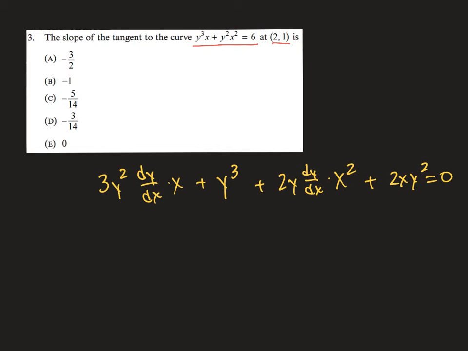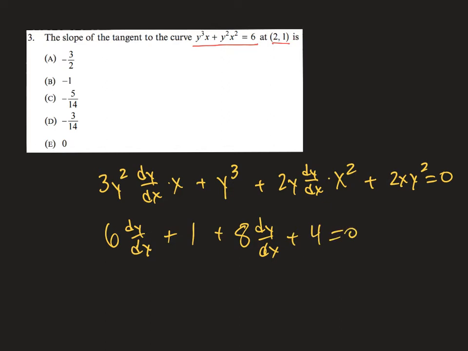Okay, so 3 times y squared would be 3, times 2, so that's 6. This first thing here is 6 dy dx, plus y cubed, which would be 1, plus 2 times y times x squared, so that's 8 dy dx, plus 2xy squared, so that's 4, equals 0.